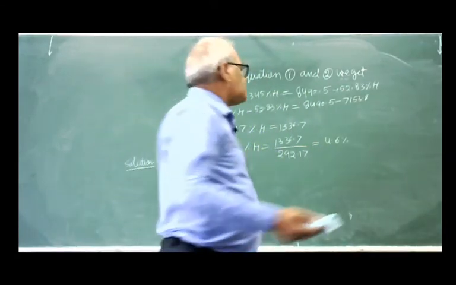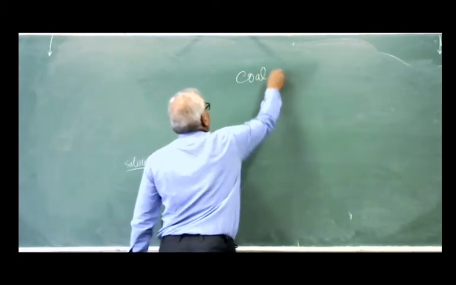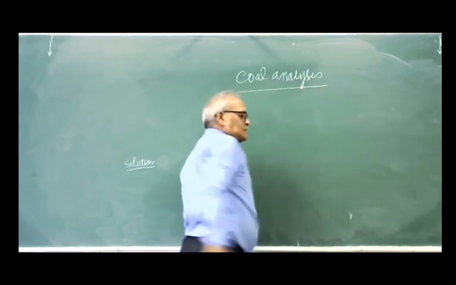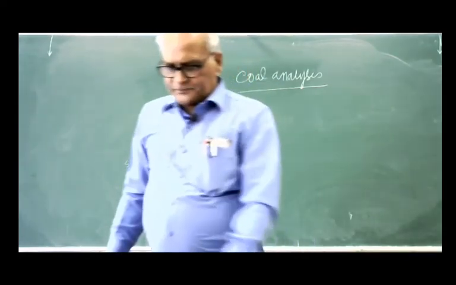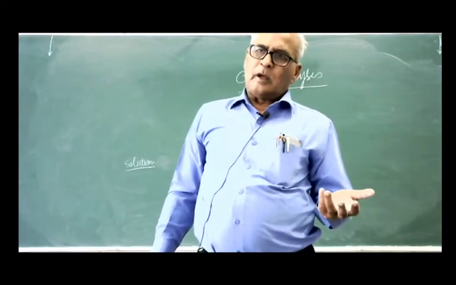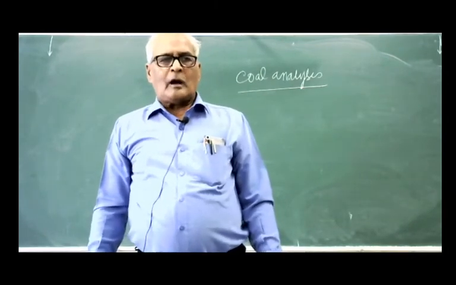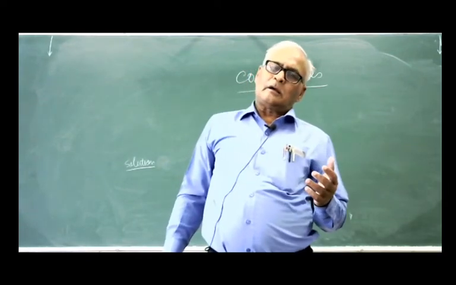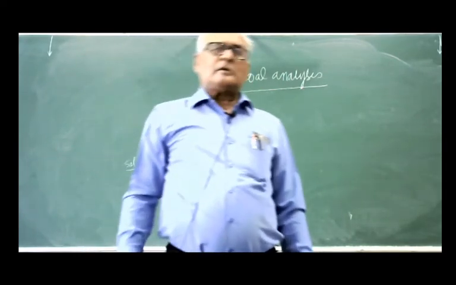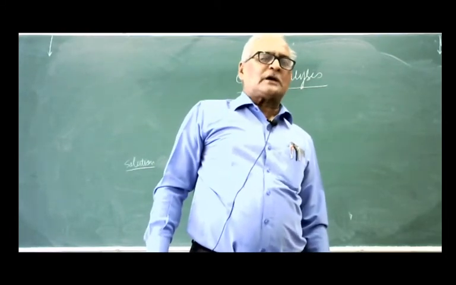In coal analysis, we can determine the percentage of moisture in the coal, percentage of the volatile substance, percentage of ash, and then we find the percentage of the carbon.